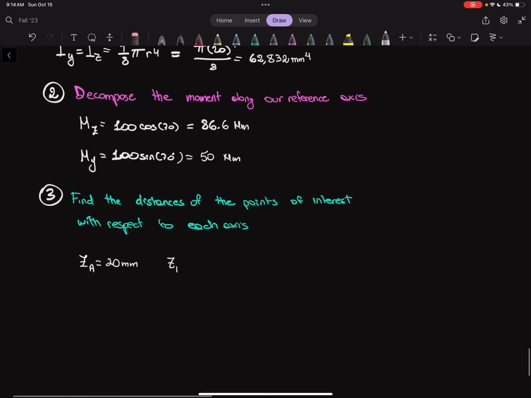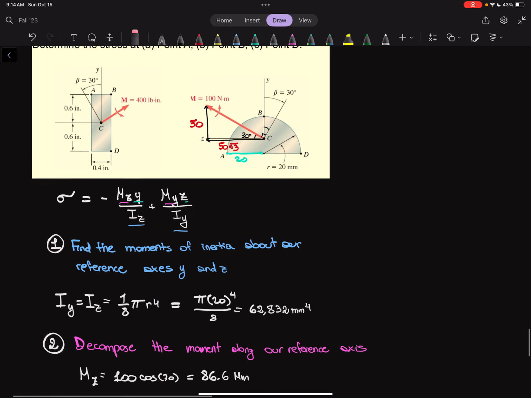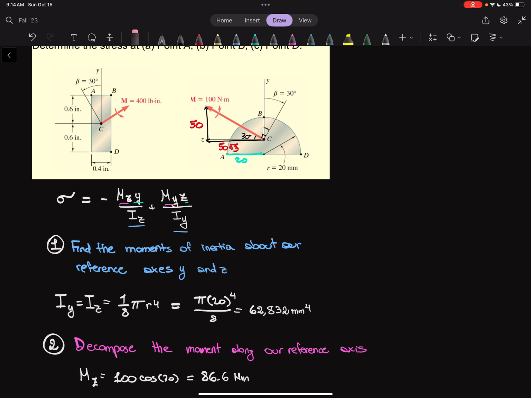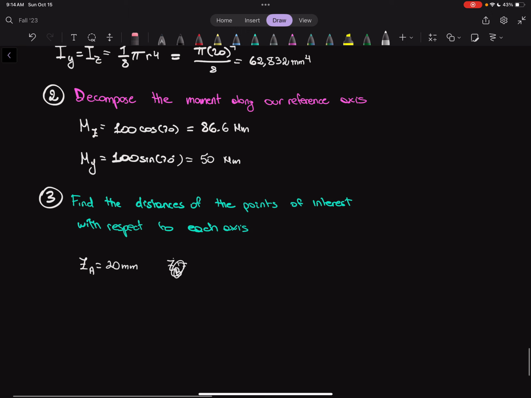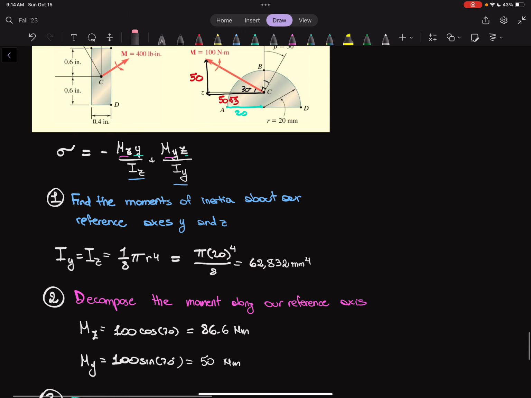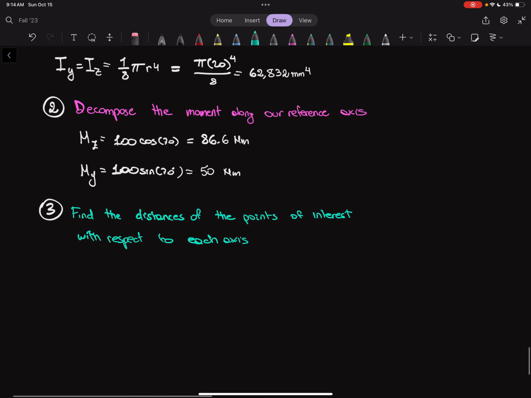What about ZB? How far is B from the Z axis? And the confusion here is you get confused with the letters, because you're looking at a distance and the axis. So this is a Z distance. So I think I got that right.